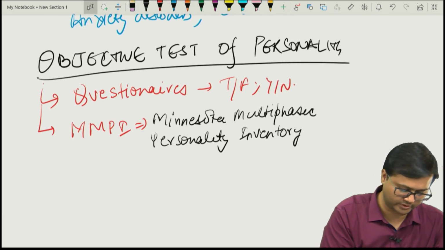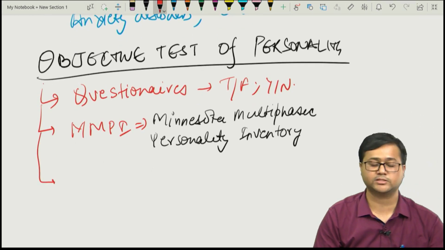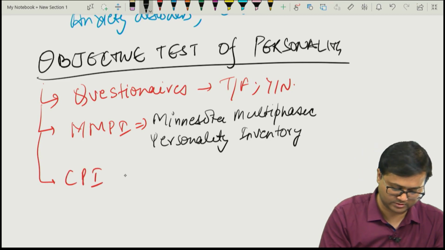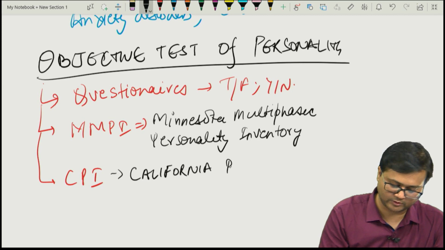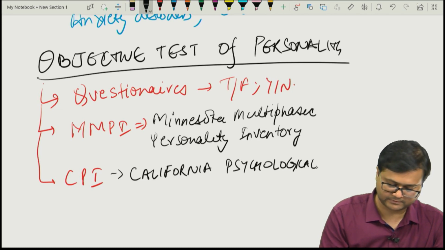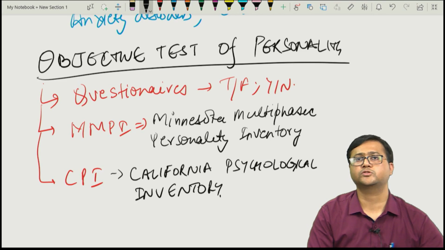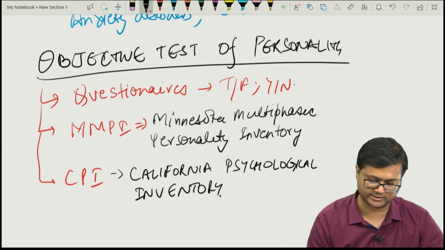And another important objective personality test is the CPI, or the California Psychological Inventory. So these are some of the tests of personality, both projective as well as objective.